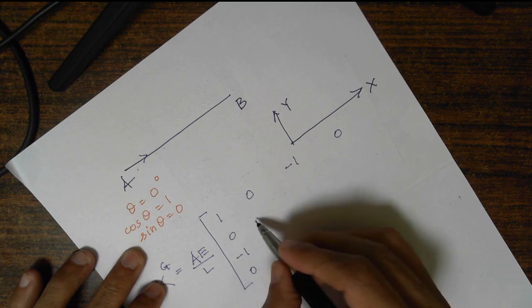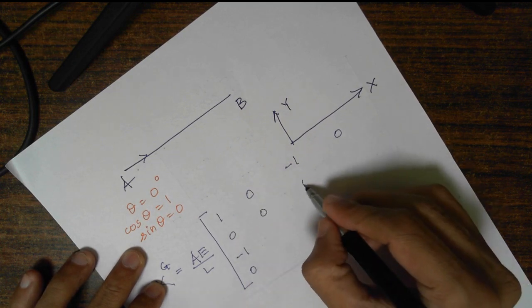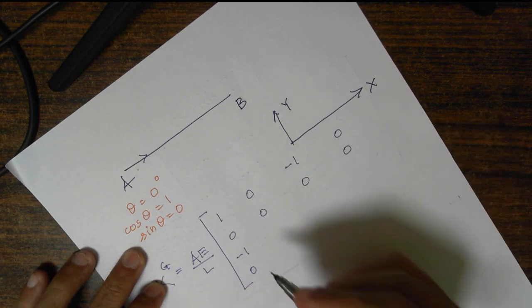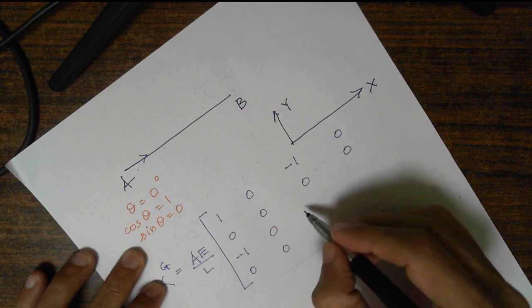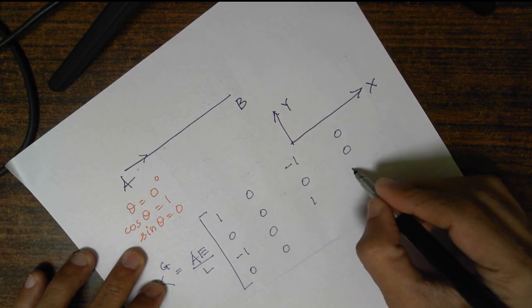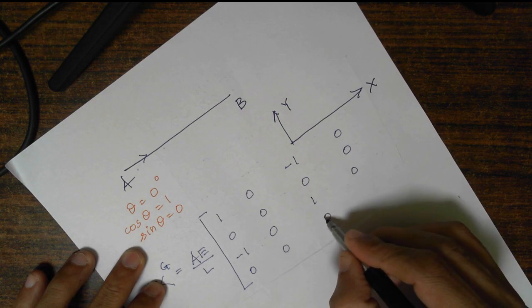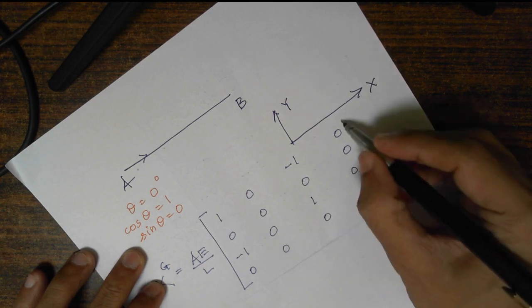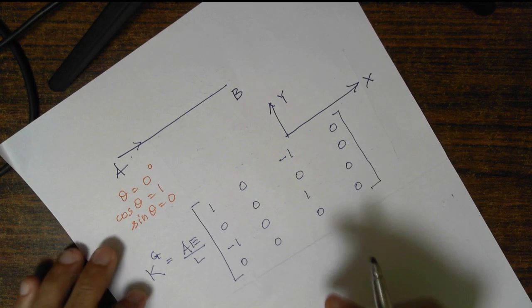Then S square 0, minus CS 0, minus S square 0, same for the column. Then C square 1, CS 0, and then minus S square.